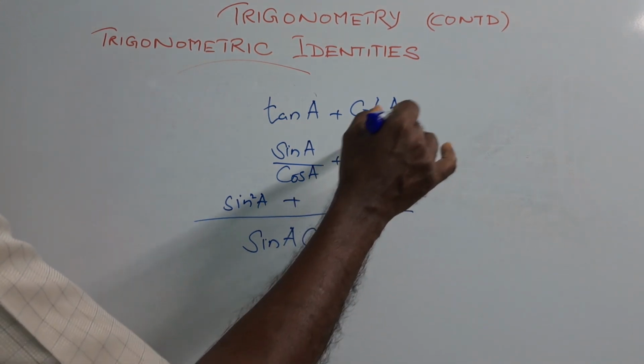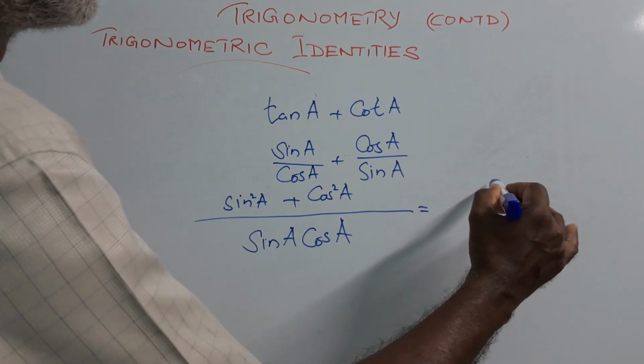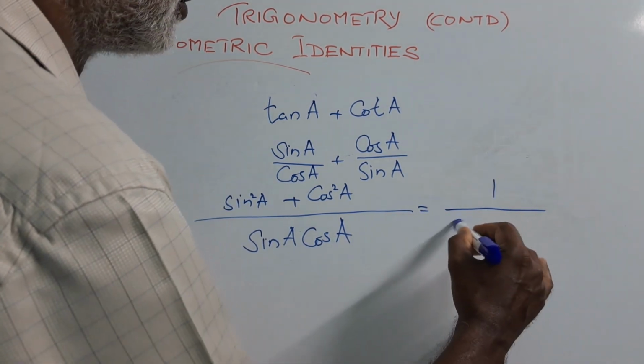You get cos A into cos A, cos square A. This is equal to 1 by sin A cos A.